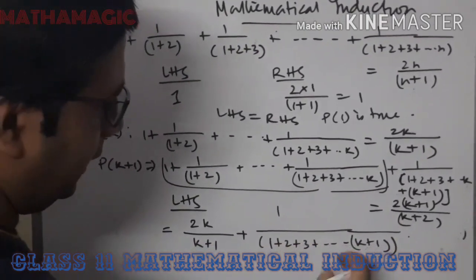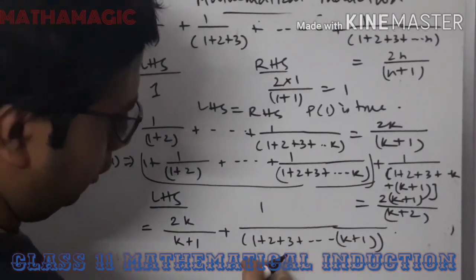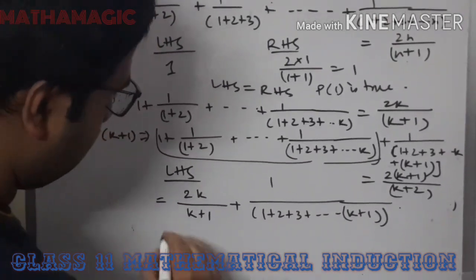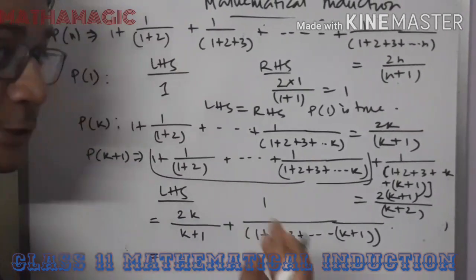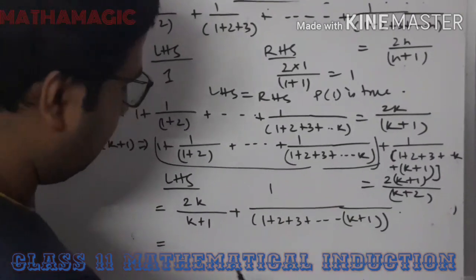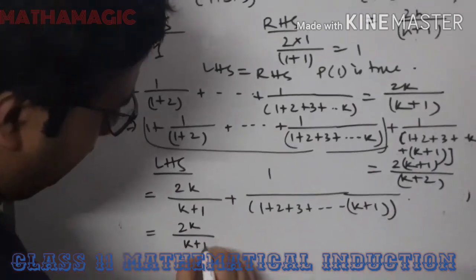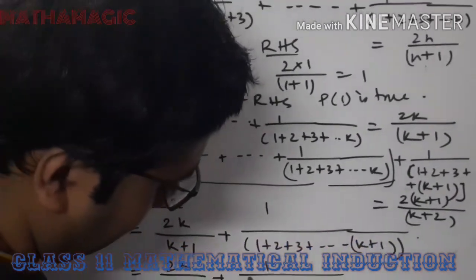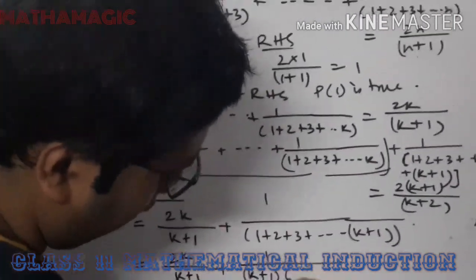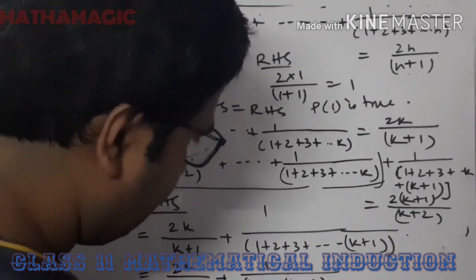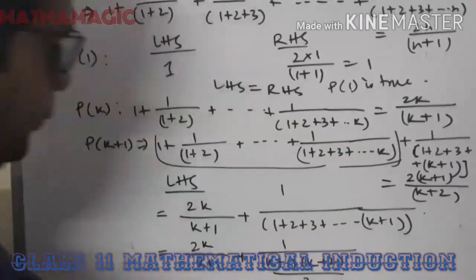This is the sum of an AP series of the first k plus 1 natural numbers. So the formula is n into n plus 1 by 2. Here the value of n is k plus 1. So it will be 2k by k plus 1 plus 1 by k plus 1 into k plus 2 divided by, I guess, 2.